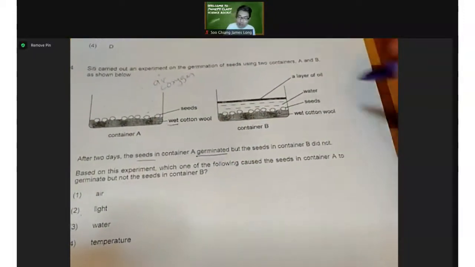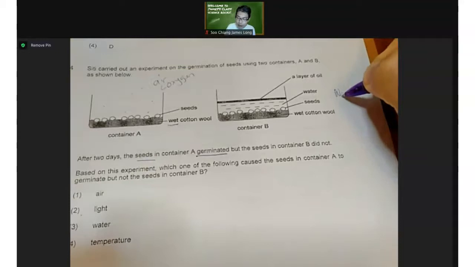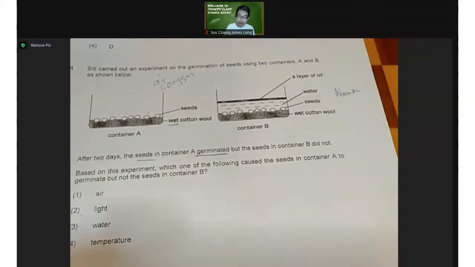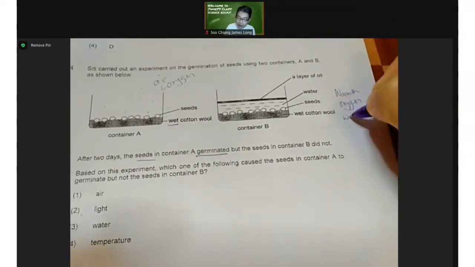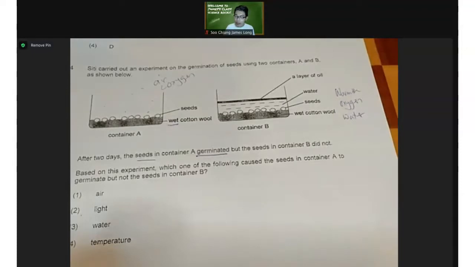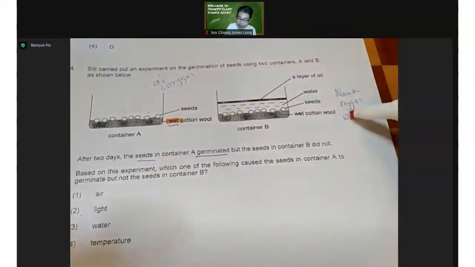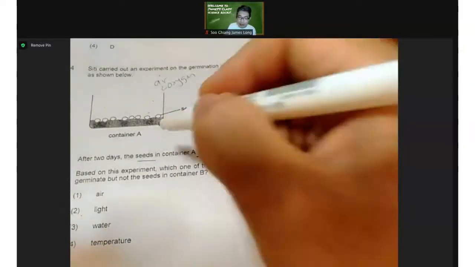So the conditions for germination is there must be some warmth in the environment, or like your textbook may say temperature. There must be the presence of oxygen, and there must be, of course, water. Now, the seeds with all these three conditions fulfilled will be able to germinate. Wet, yes, have it. Here, no problem with this. Alright, it has this.